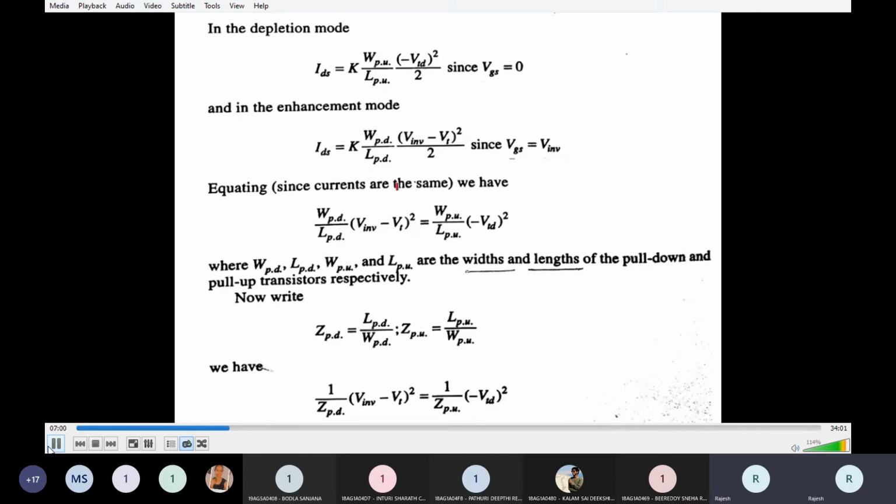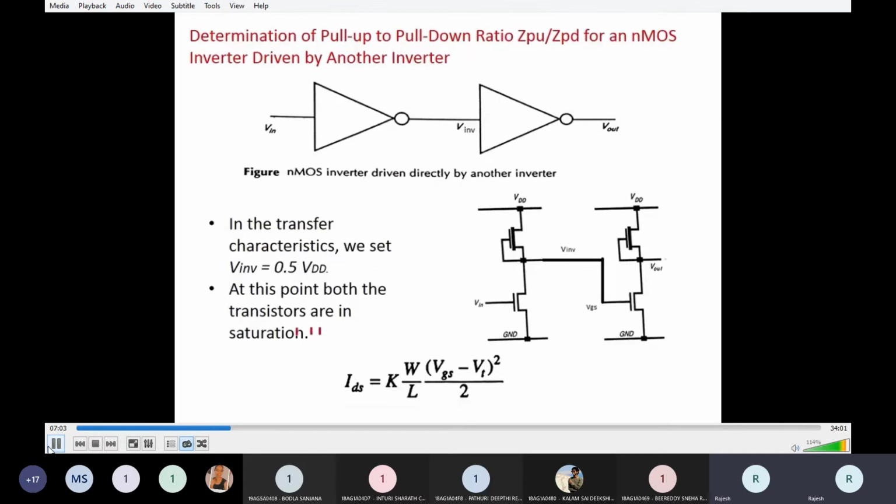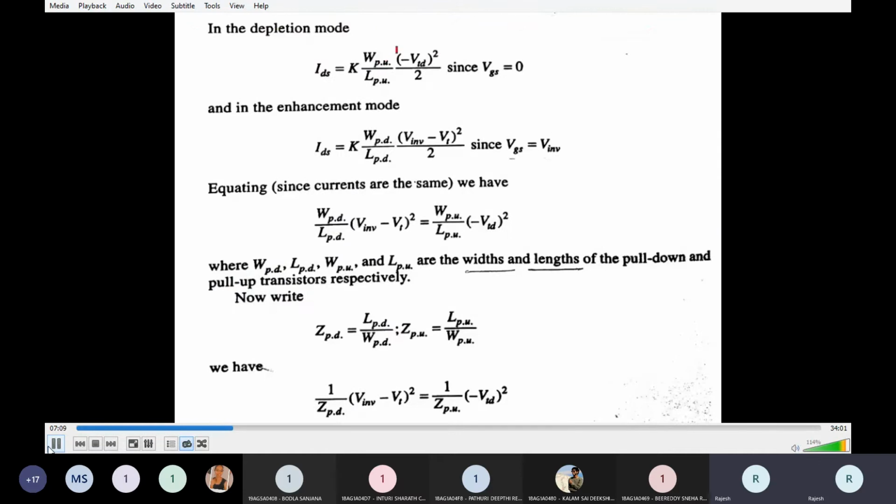Now, we know these two transistors are in saturation. That's why the current remains the same. Hence, equate these two equations. K gets cancelled, and 2 and 2 get cancelled. We will get W pull up divided by L pull up into (minus VTD) whole square, equal to W pull down by L pull down into (V invert minus VT) whole square.